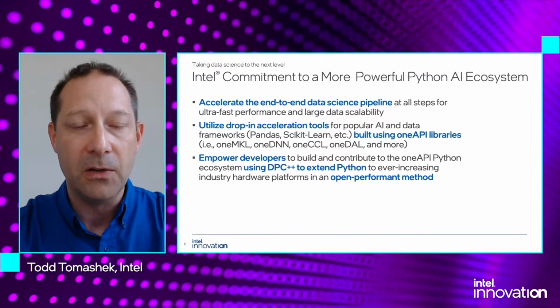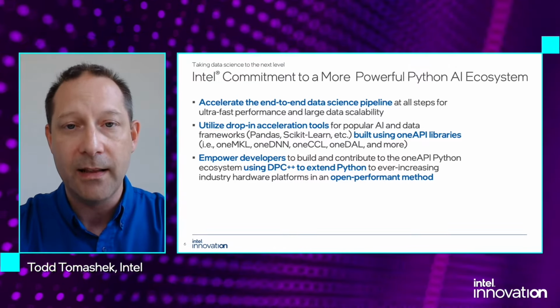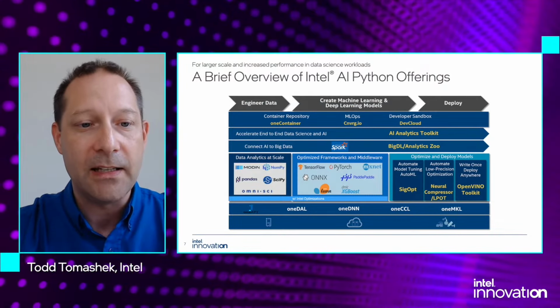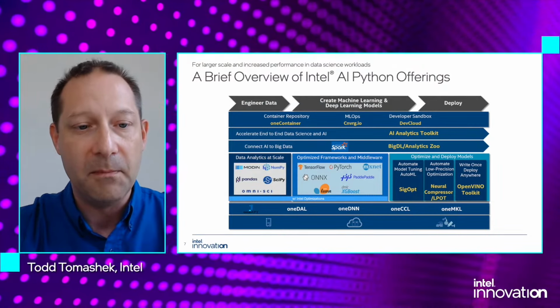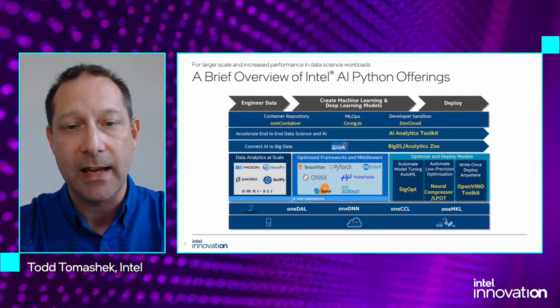Let's look at an overview of all the AI and data science optimizations powered by oneAPI that Intel currently offers. As you can see from this graphic, Intel offers a wide variety of optimizations and tools for AI developers and data scientists.